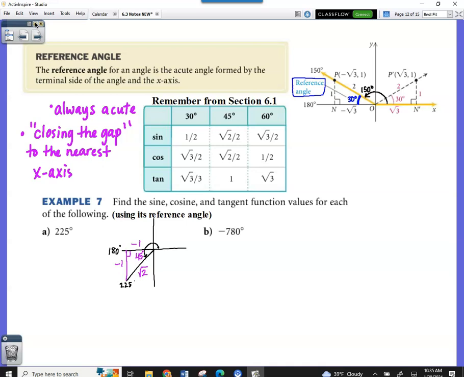All right, everybody try B. Try finding negative 780. What do you know about negative 780?